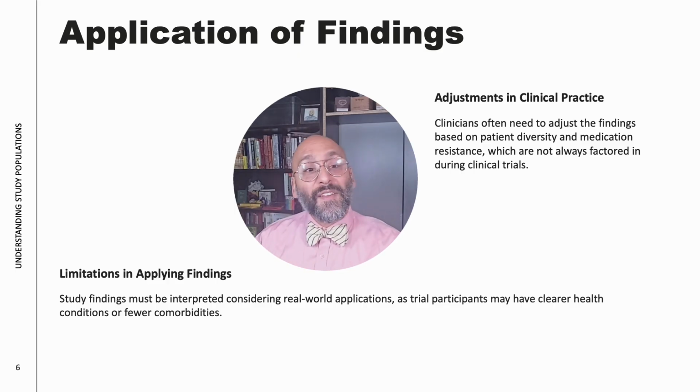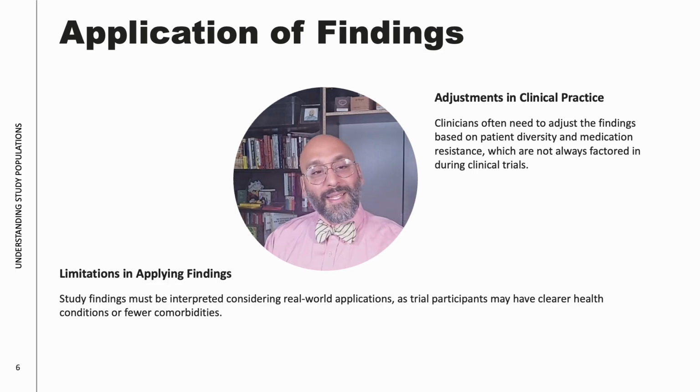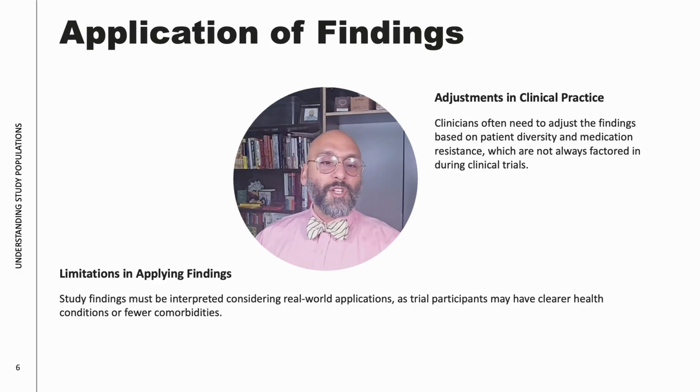So when you apply study findings in practice, you're not reproducing the trial, you're translating it. And that translation involves modifying your expectations of benefit and more closely monitoring for side effects, and a willingness to accept a greater variability in response.